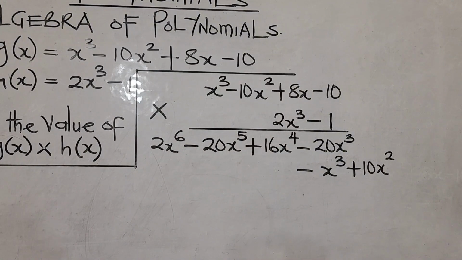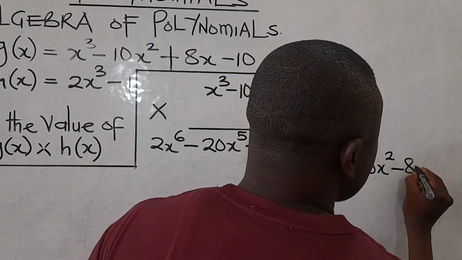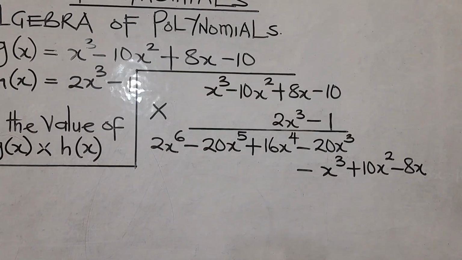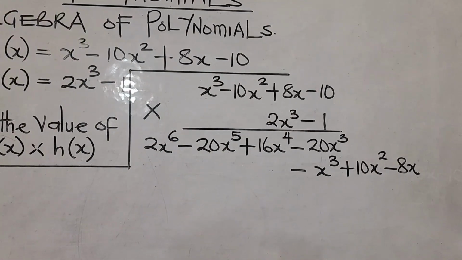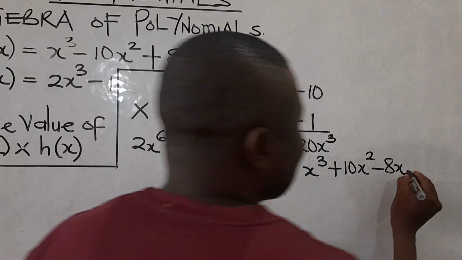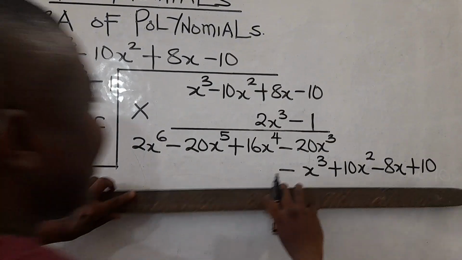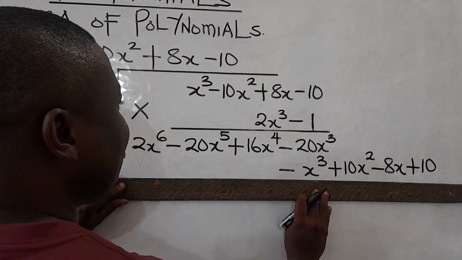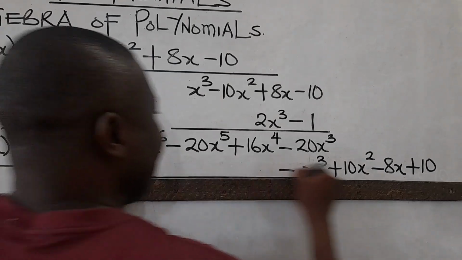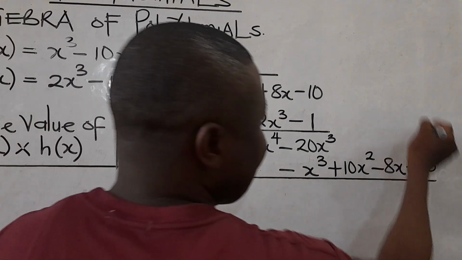The next one, negative 1 multiplied by 8x is minus 8x. And the last one, negative 1 multiplied by negative 10, is positive 10. So we can now get the answer together for multiplication. We'll add them all together, just as we've done initially. So we have here plus 10.